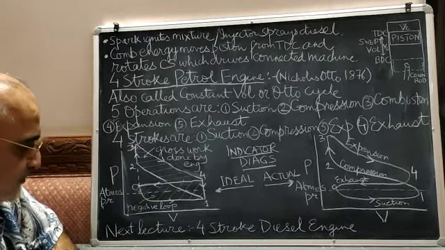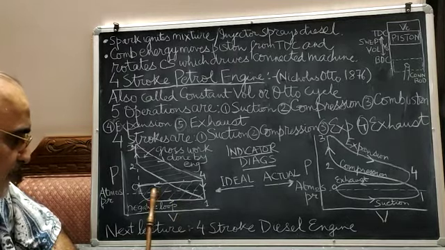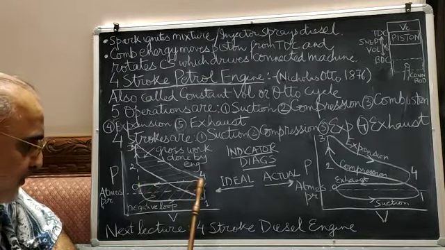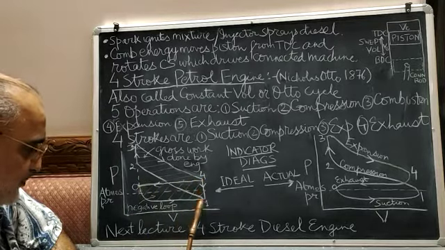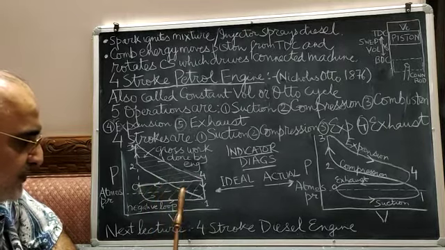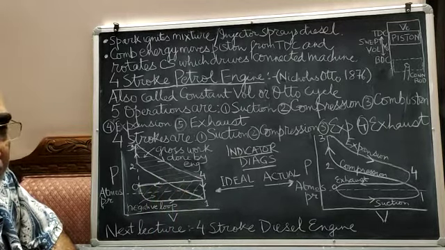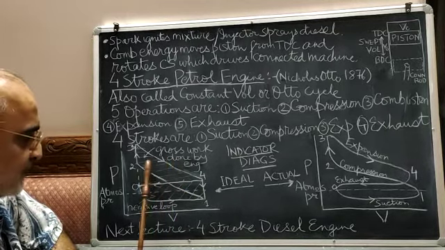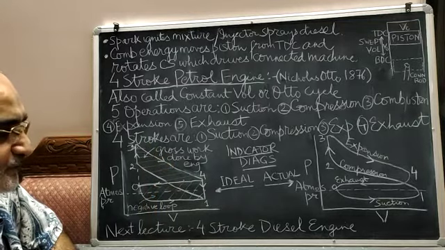There are frictional losses, other losses. And that's why this is represented by 0, 4, 1. This is called the negative loop because this has to be subtracted from the gross work done because of these losses.